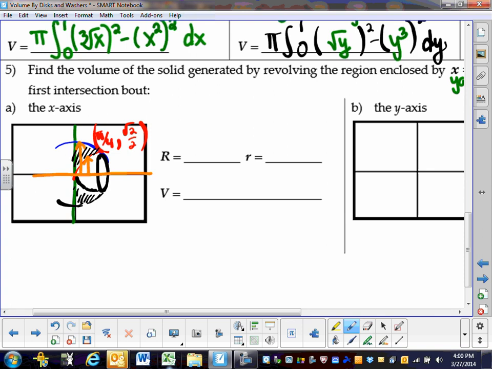So the original curves. So the outside radius is the cosine graph minus 0. The inside radius is the sine graph minus 0. So it's pi from 0 to pi over 4, the outside radius squared minus the inside radius squared dx.